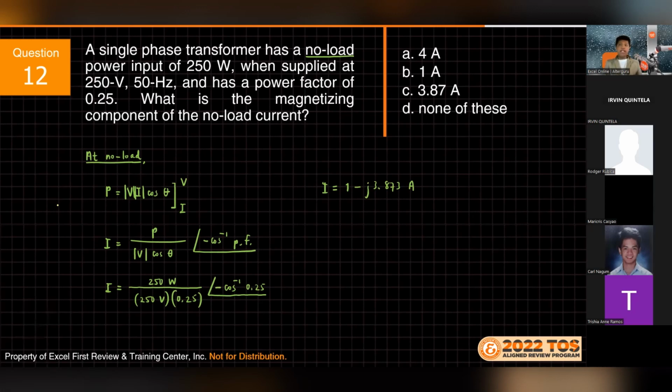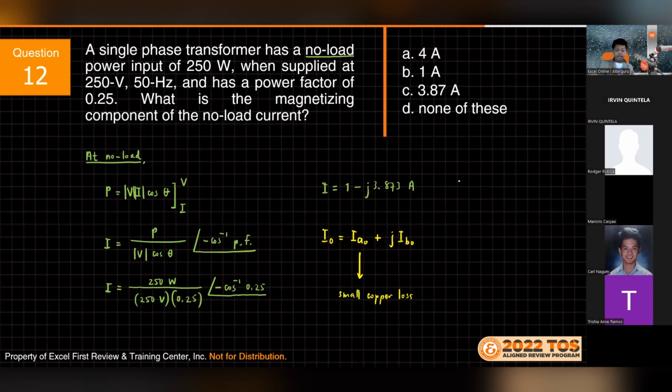Now, tandaan natin, no? At no load, meron tayong dalawang component. The I_A0 plus j I_B0. Yung I_A0, this is what we call the small copper loss component. Kumbaga, tinanong sa inyo, what is the small copper loss?